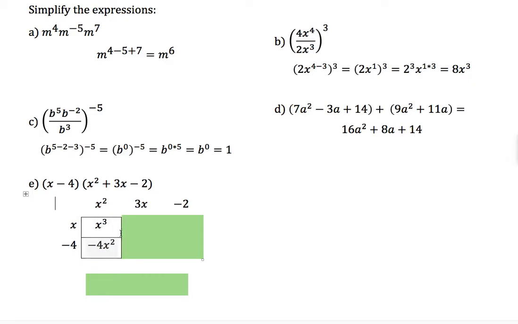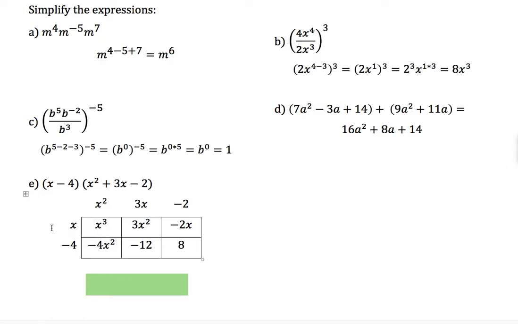And so I'm just going to uncover these. These are the values that we get when we multiply our rows and our columns together. The biggest thing, check your signs and your exponents. So notice the x squared here times x gives you x cubed. You add the exponents when you're multiplying variables that are the same.